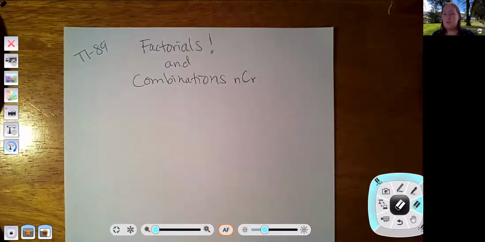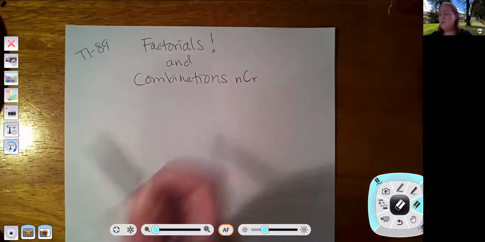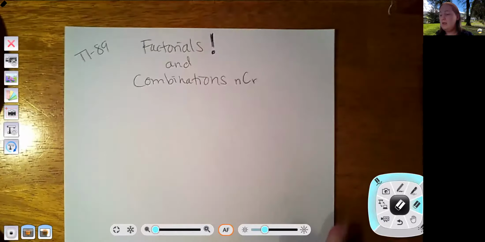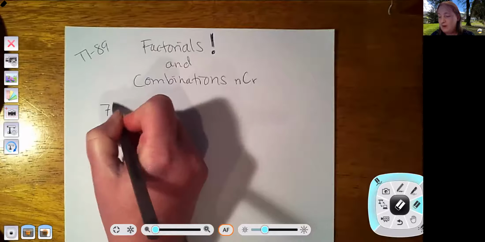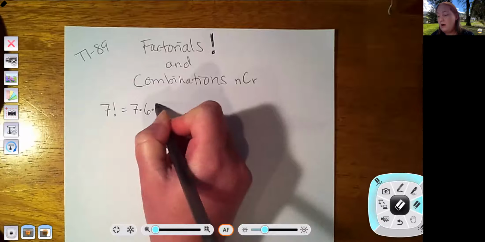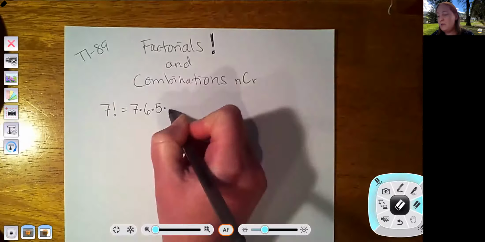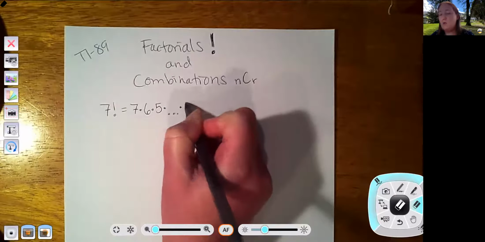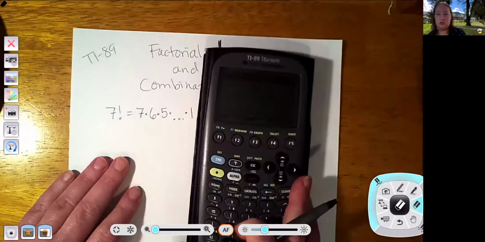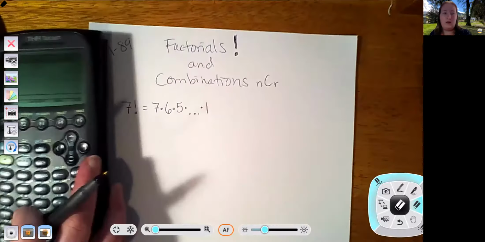So I'd like to take a moment and discuss what a factorial is. A factorial, which is notated with an exclamation point, means, for example, if I was doing 7 factorial, that I take that value and I multiply by 1 less and 1 less and 1 less until I am down to 1. And we can do this in our calculator by just doing that.